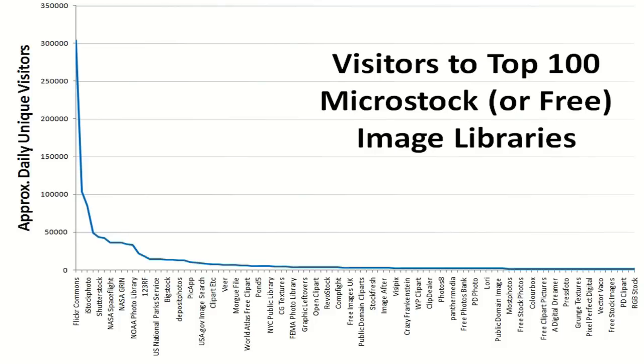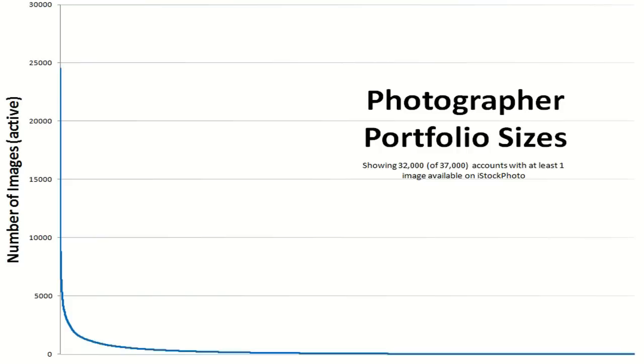You see Flickr Commons receiving 300,000 approximate daily unique visitors, and iStock at somewhere around 50,000 daily unique visitors. Again, you can continue adding websites, agencies, libraries to this list, and it will only accentuate the long tail.